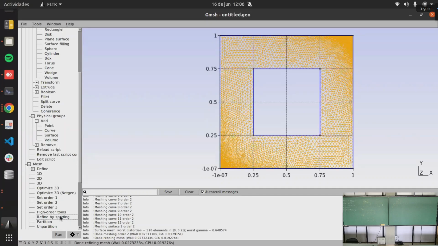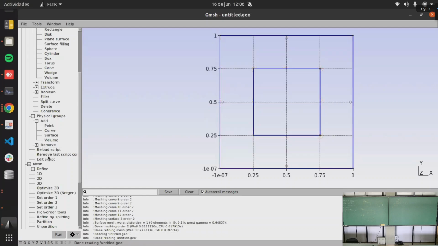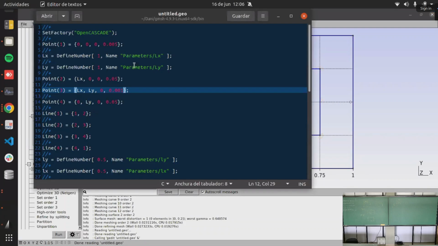Yeah, but if I want to refine an entire line, an entire boundary, okay, maybe we can refine all this line, the y0 line. We have to put to the other point, this one, the same resolution as the origin point. That's enough. Okay, let's see.